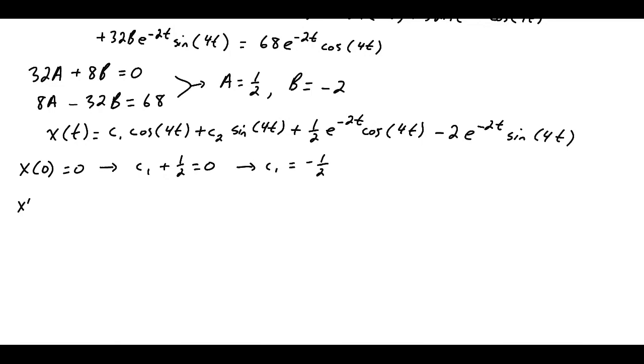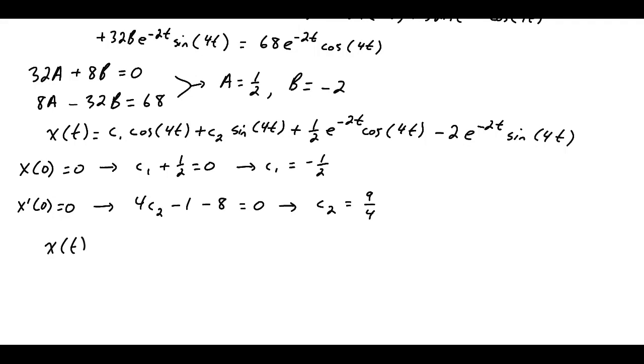However, x prime of 0 equals 0 gives us a much more complicated equation. We have to find the derivative, but once we find that derivative, our equation is 4 times c2 minus 1 minus 8 equals 0, which tells us that c sub 2 is equal to 9/4.